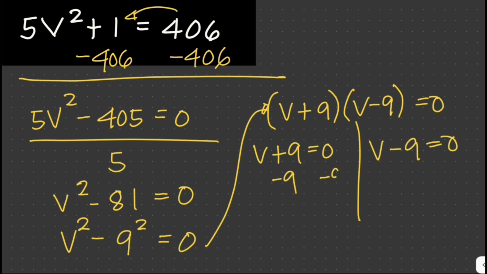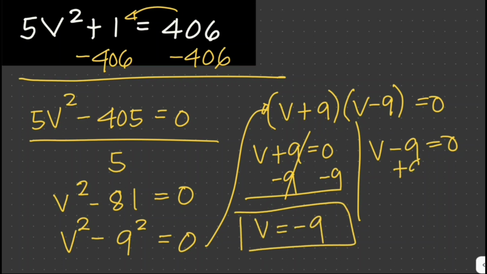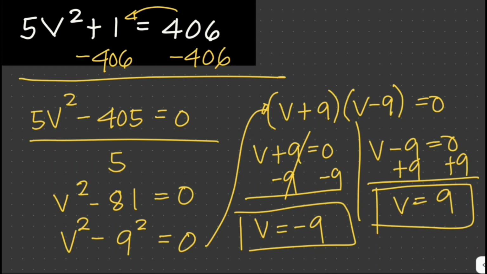We subtract 9 here, so v is equal to negative 9. And the other v, we add 9 here, so v is equal to positive 9. So the values of v are negative 9 and positive 9.